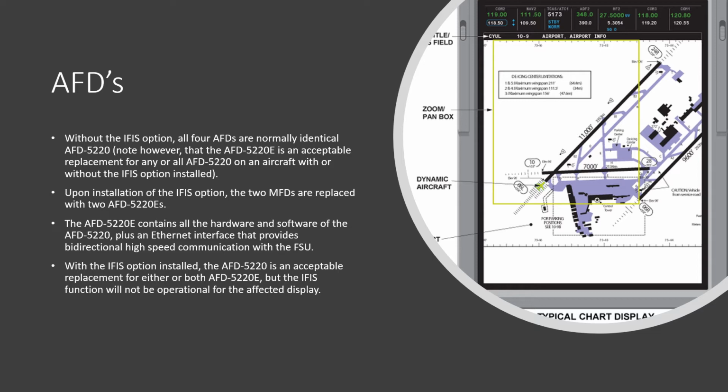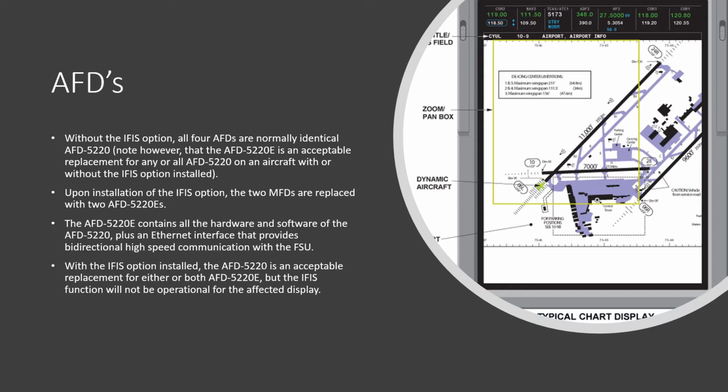Now those 5220Es can in fact be used on the PFDs as well, so that's fine, but you must have the 5220Es for the IFIS. The E contains all the hardware and software of the 5220, plus it's got an Ethernet interface that provides bidirectional high-speed comms with the file server unit, which is needed for all these enhanced features.